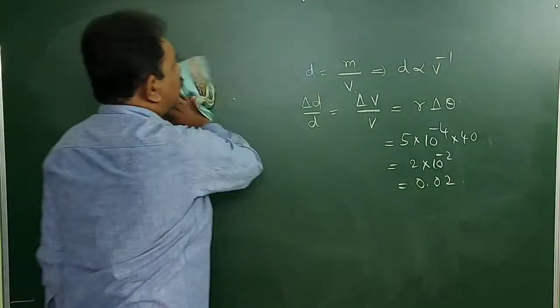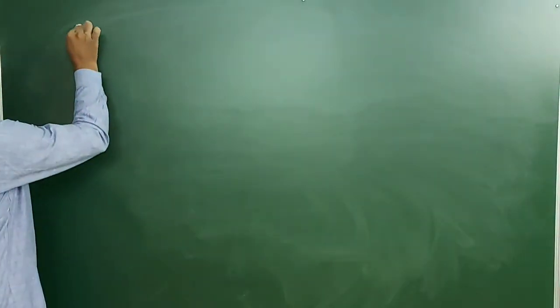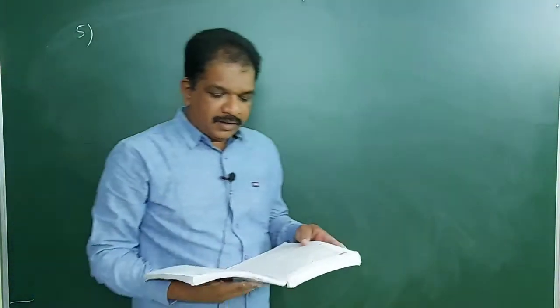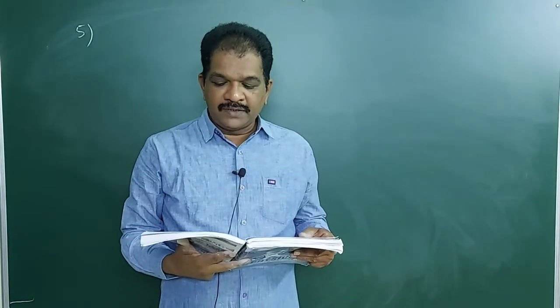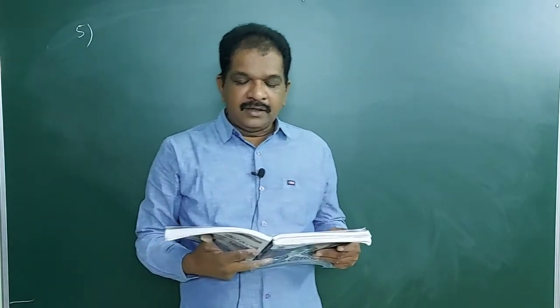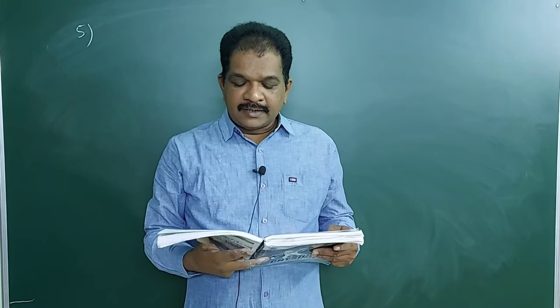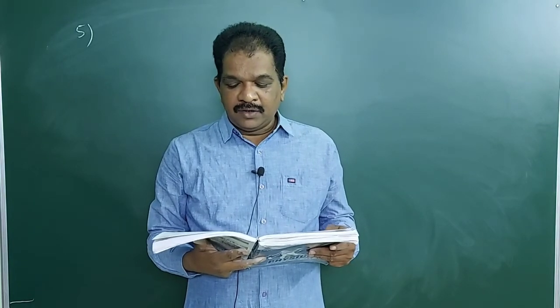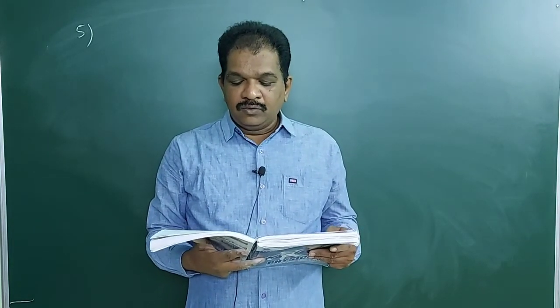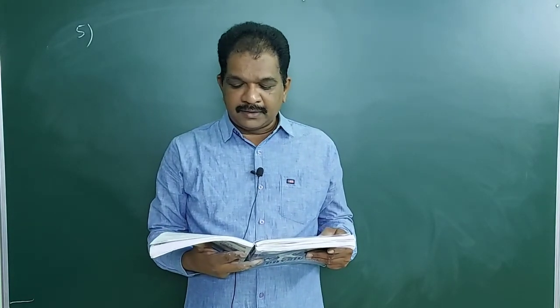Next, fifth question. What they are asking. Coefficient of linear expansions of brass rod and steel rods are alpha 1 and alpha 2. Lengths of the rods are L1 and L2. L2 minus L1 is maintained same at all temperatures.